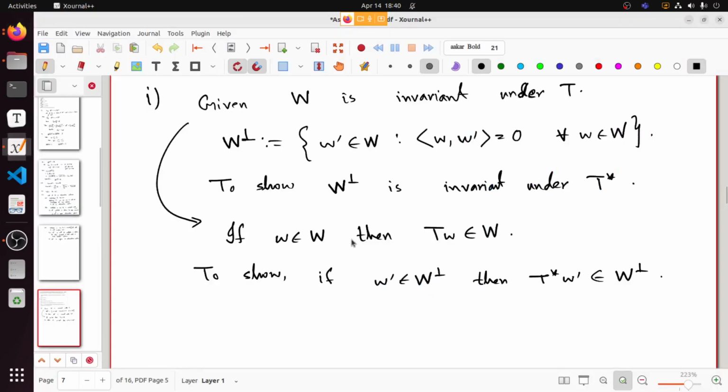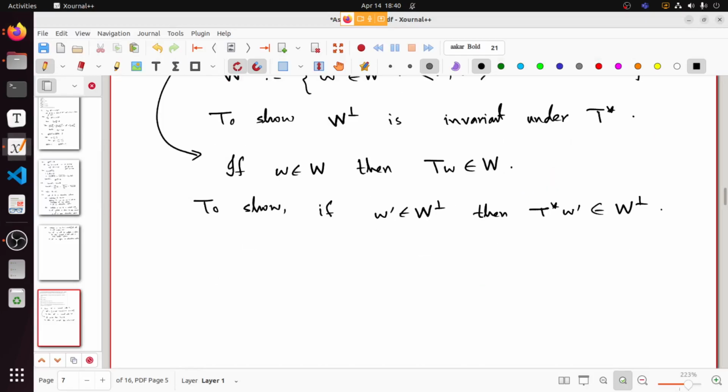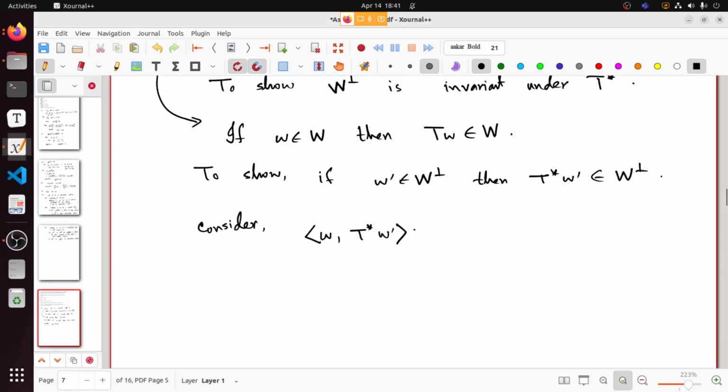Okay. So we will show this. Let's consider W inner product T star W', right? If we show that this is 0, then T star W' is in W perp. So what is this? By the definition of adjoint, this is TW inner product W'. As W is invariant, TW is in W, and W' is in W perp, which implies the inner product will be 0.